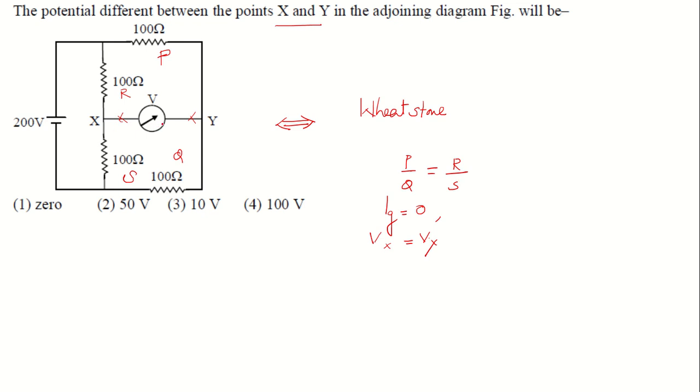So remember, if the Wheatstone principle is balanced, then no current flows to the middle arm. No current flow means we can say the potential at the point x should be equal to y. That means the potential difference Vx minus Vy between the 2 points is equal to 0. So that is a very important concept.